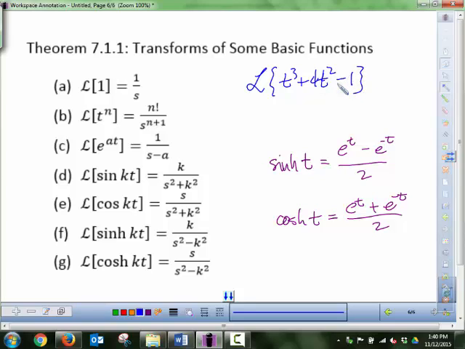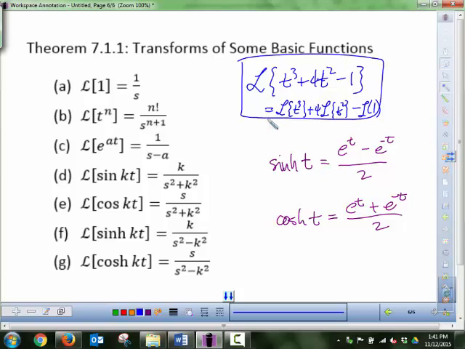We could probably guess that we can just split this up and then take out the constants. But allowing you to transform this into L of t cubed plus 4 L of t squared minus L of 1.